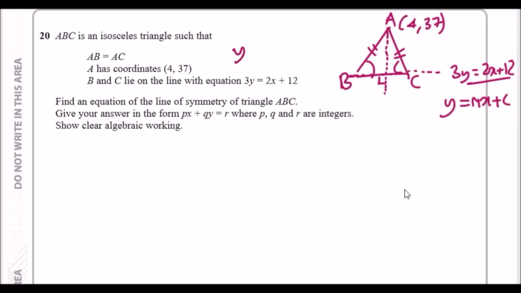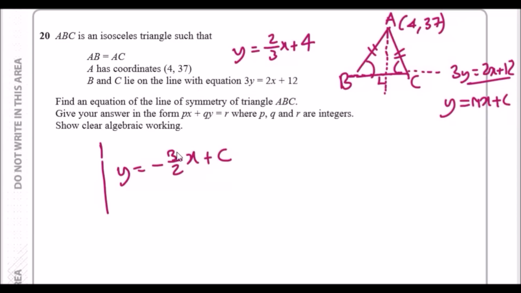So we're going to have y equals 2 over 3 x plus 4. So this means the gradient of the line BC is 2 over 3, but the perpendicular gradient of the line from A downwards is going to be the negative reciprocal. So we can say that the line going downwards is going to be y equals minus 3 over 2 x plus something, which we don't know yet.